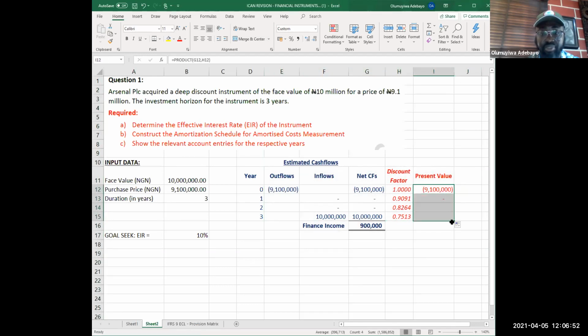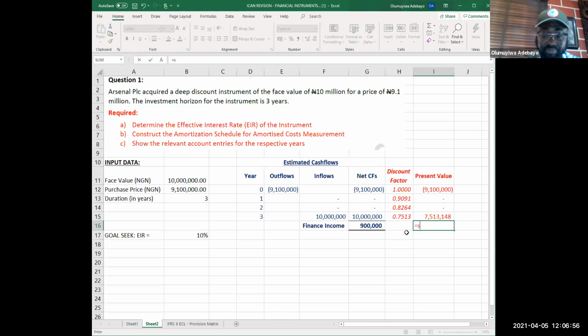And I'll find the product and I'll sum it together. Now, this is giving me, after discounting, this result.